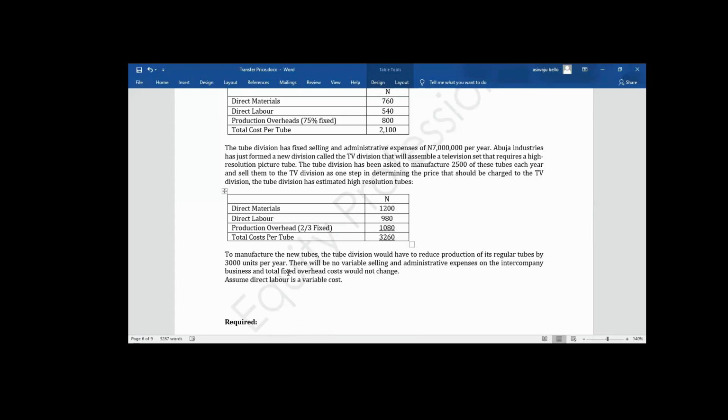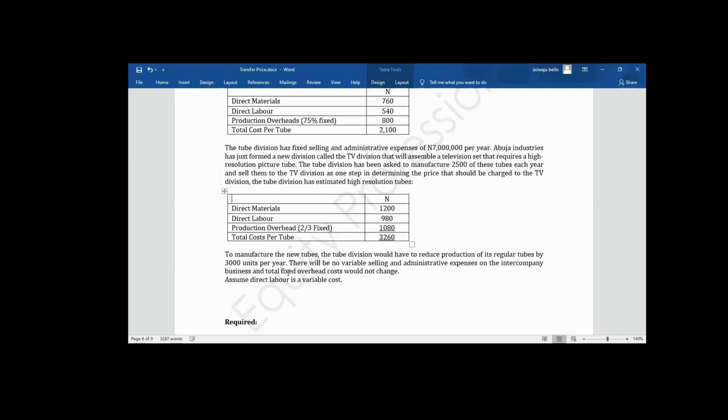That is opportunity cost. Is that not, please? For me to manufacture a new product, I'm going to reduce the production of my old products. That is opportunity cost. To achieve the production of new products, I must reduce the production of existing products.